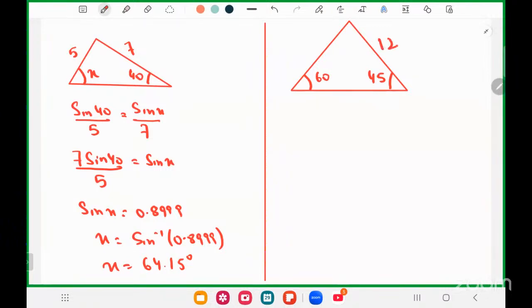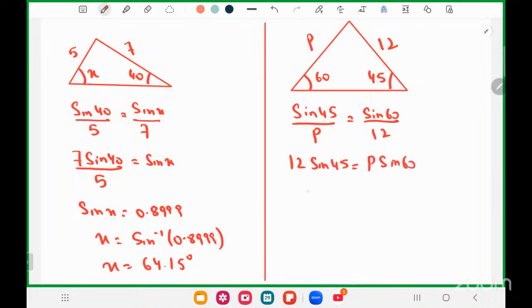Let's say this is 12 and let's say this is P. So sine 45 upon P is sine 60 upon 12. I will cross multiply. This will be 12 sine 45 is P sine 60. P is 12 sine 45 upon sine 60.